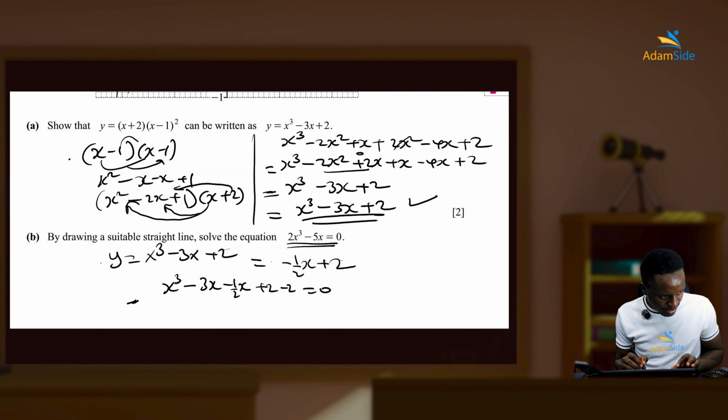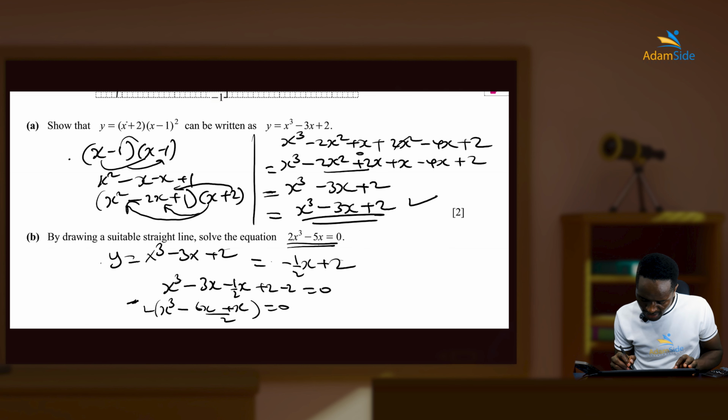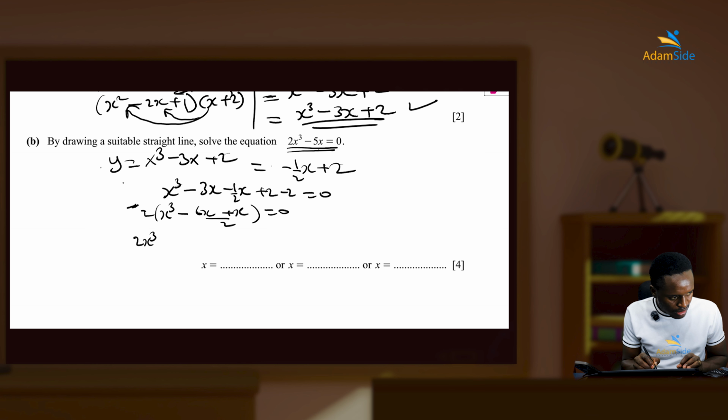Then if you add up 6x plus x divided by 2, and divide everything by 2, you end up getting 2x cubed minus 5x is equal to 0.